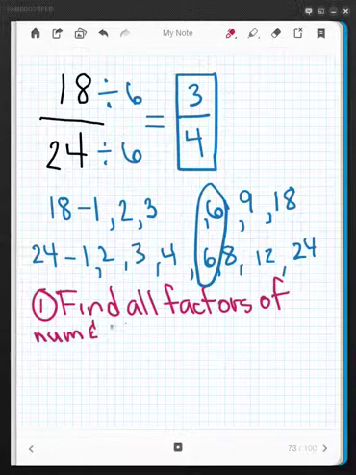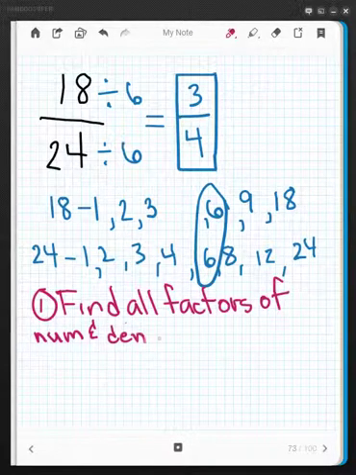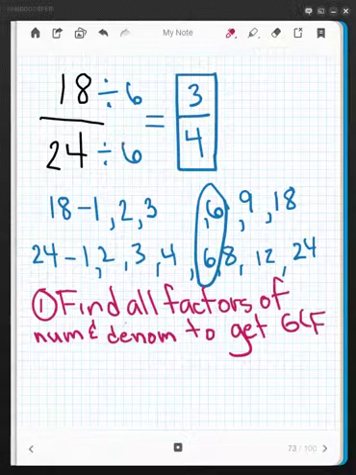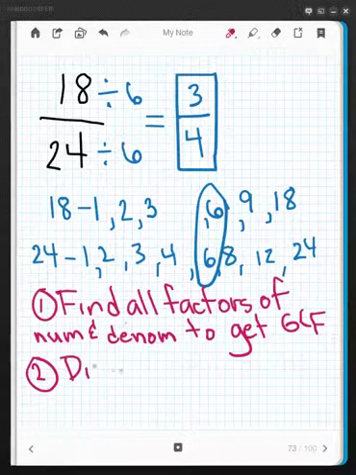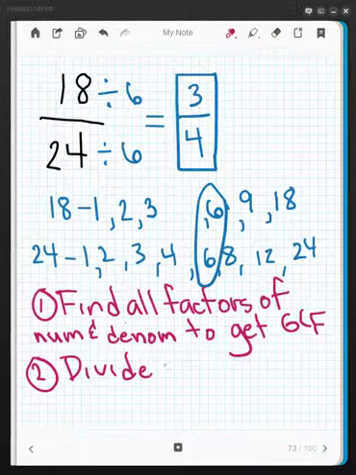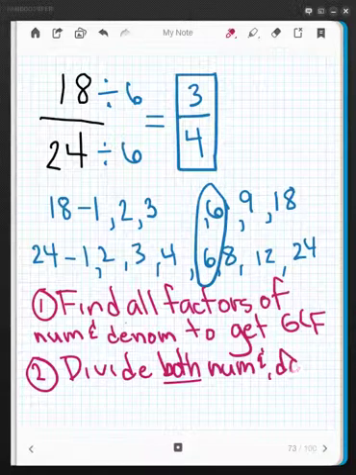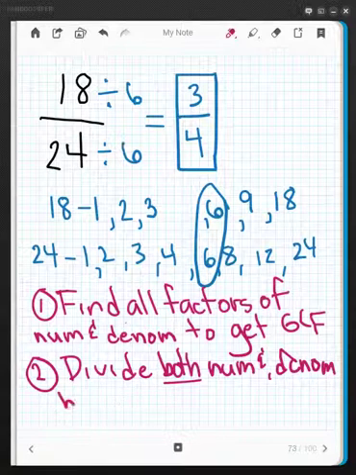And I'm just going to write that down in abbreviated form, num and denom, to get our GCF. And then, once we have the GCF, the second thing we do is we're going to divide both the numerator and denominator by that GCF.